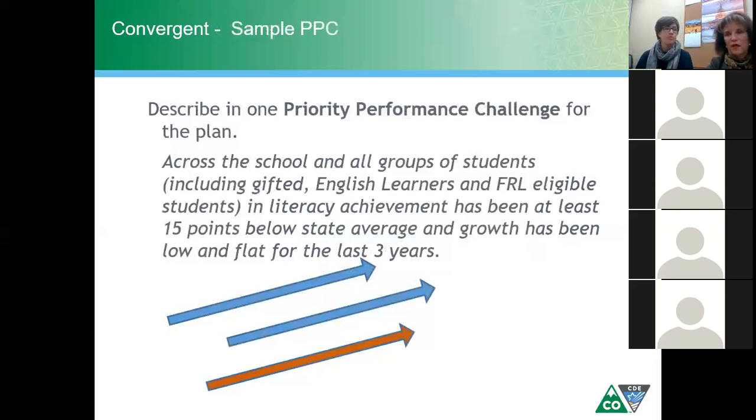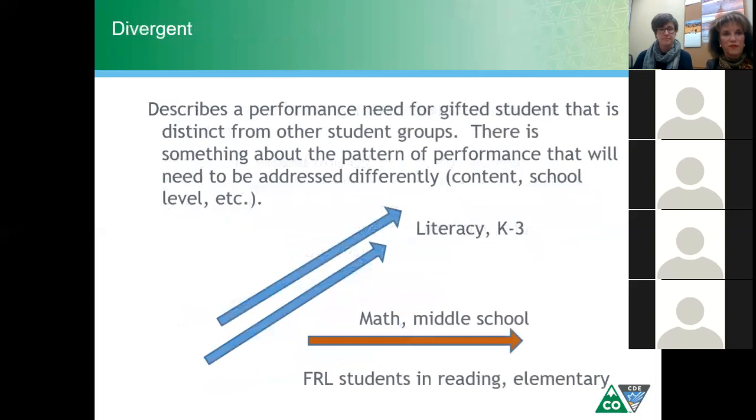So it's the explicit nature in which the performance challenge is written that tells us gifted education is included as a part of the needs of the district overall. And that'll be on another slide too. It's not on this slide, but when you see the other one, it'll jog your memory that, oh yes, we have to explicitly state that it's convergent with gifted ed.